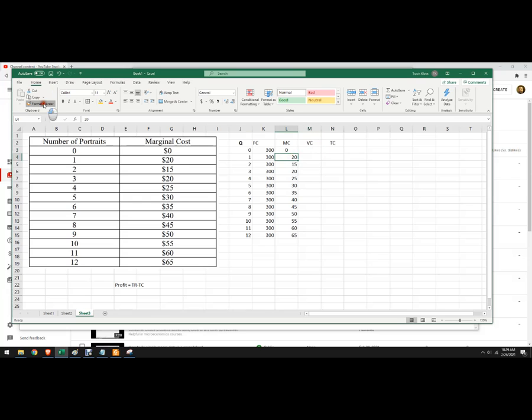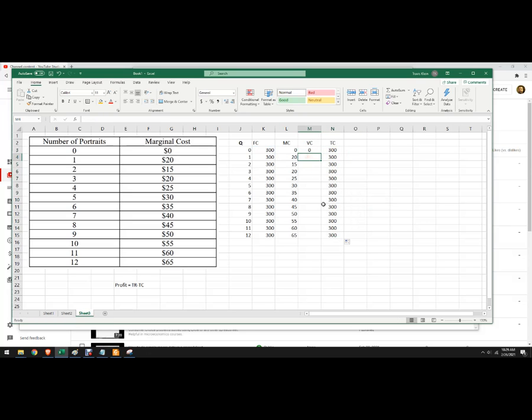To get this, I can write a formula where the variable cost can be 0, and fixed cost plus variable cost will give me my total cost.